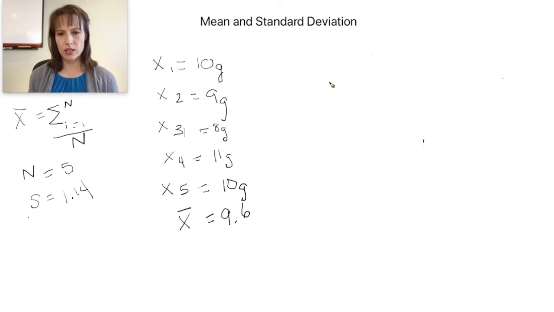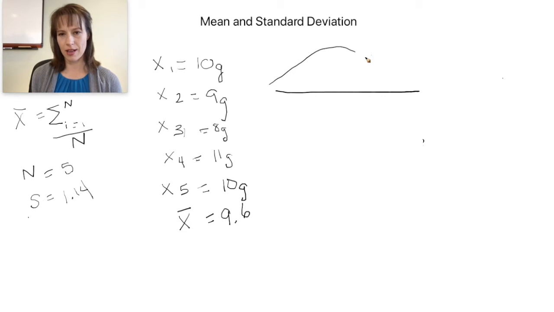But then we need to know, what does this mean? And we can start looking at how we use standard deviation on a graph. And I'm going to try to write a very smooth line here. The bell curve should be, of course, exactly equal on both sides. And we're looking at standard deviation.